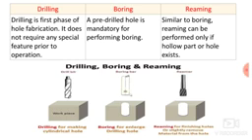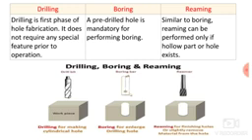Then the next point, drilling is the first phase of hole fabrication. It does not require any special feature prior to operation. Drilling we can say is the first phase of hole fabrication, because initially you will have a solid material and then you can drill a hole inside that solid material with the help of a drill bit.